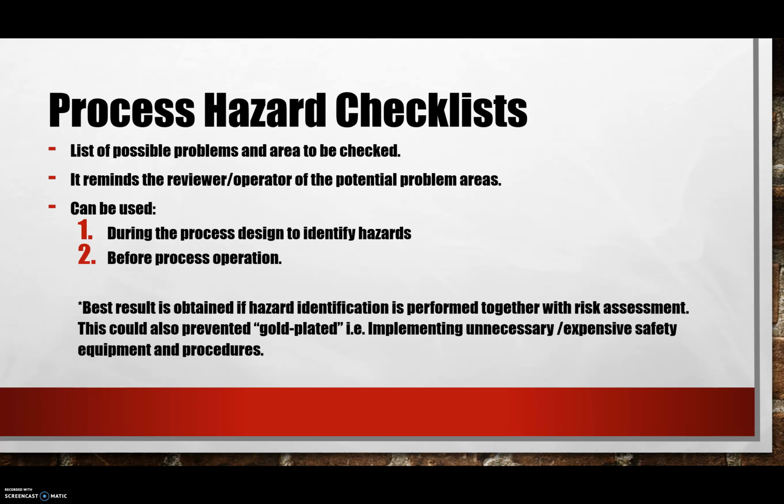Okay, so you see, if you're not making hazard identification at the early stage or during your process design, and after you finalize or you already built your reactor, you already commission it, then you realize, oh, this is hazardous to the surrounding.